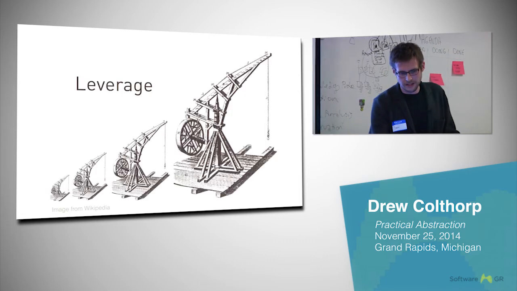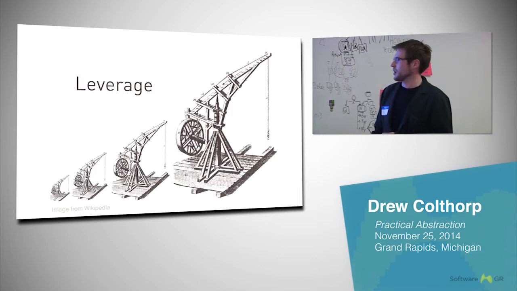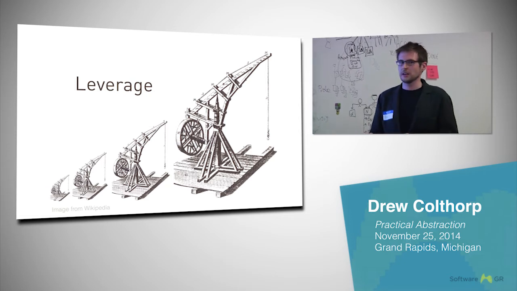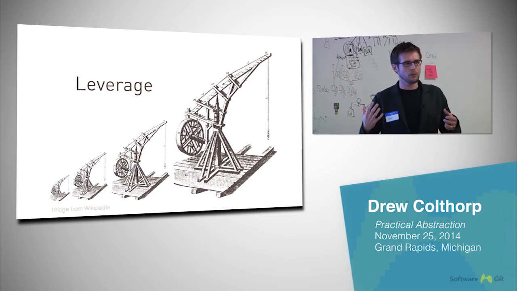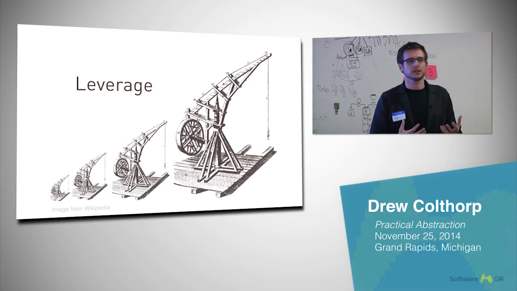So I think that's one reason why good abstraction can really help. And another reason is leverage. To me, this means when you've built a tool or you've built out a concept and you have it expressed in code, it allows you to do more with it than you maybe intended originally. And when you have powerful tools that are orthogonal to one another, those things tend to enhance one another and be greater than the sum of the individual pieces.